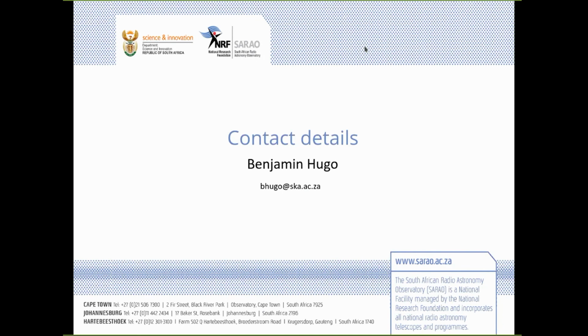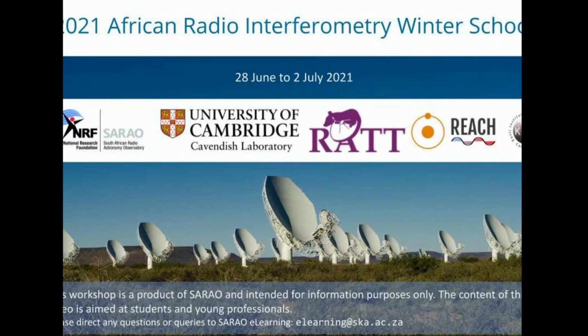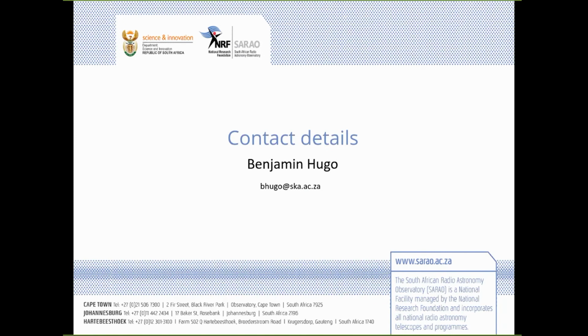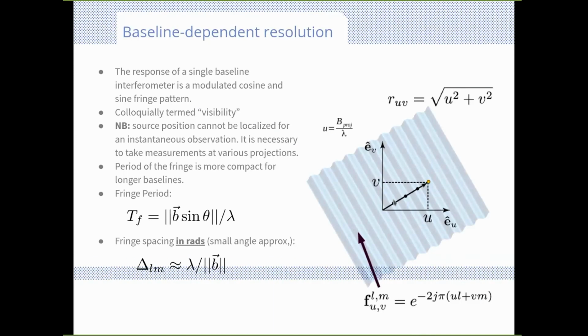It's more clarification. Perhaps if you can elaborate just a little bit more on the relation between fringe spacing and angular resolution. The fringe spacing here is, let's say we've measured the fringe spacing in radians between two peaks along the fringe here, right?